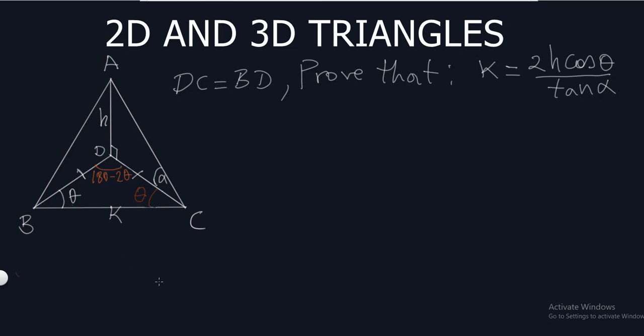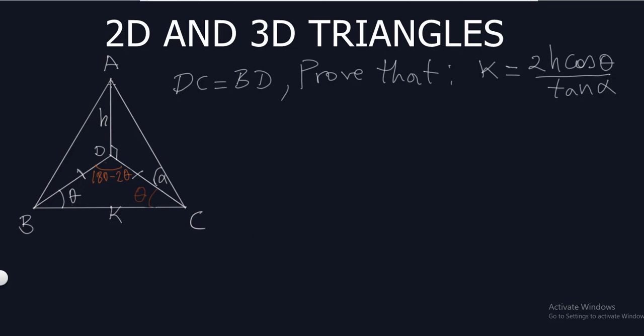So now let's continue. We have now to look at the question: how do you solve a three-dimensional triangle? You have to identify first the triangle that is given to you.